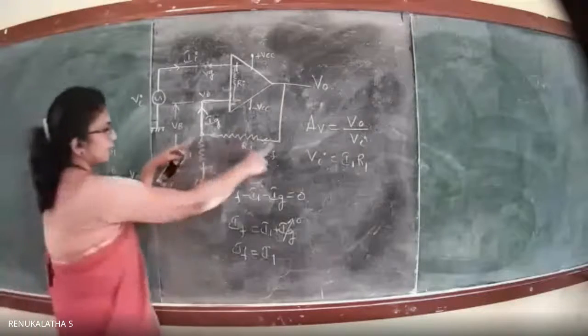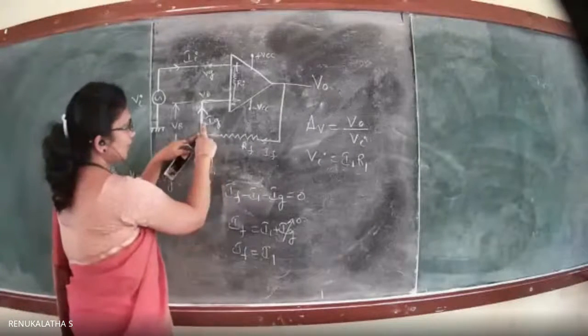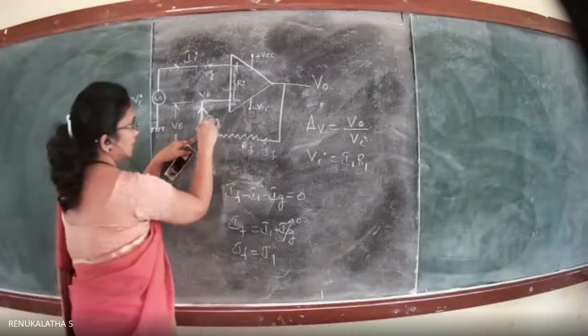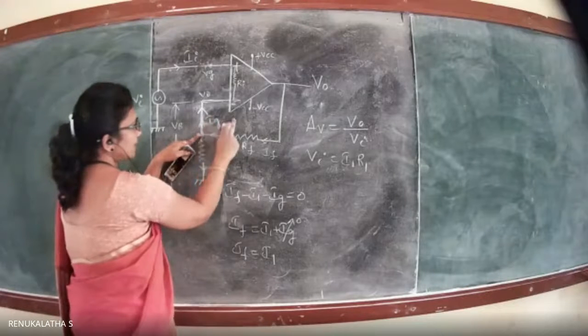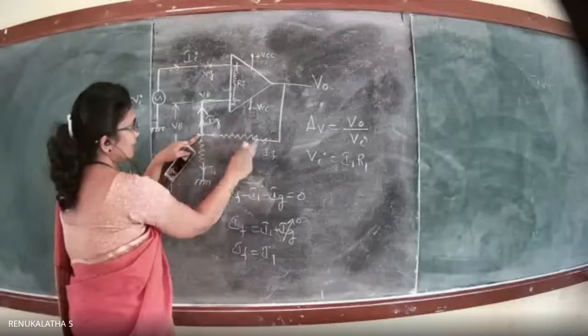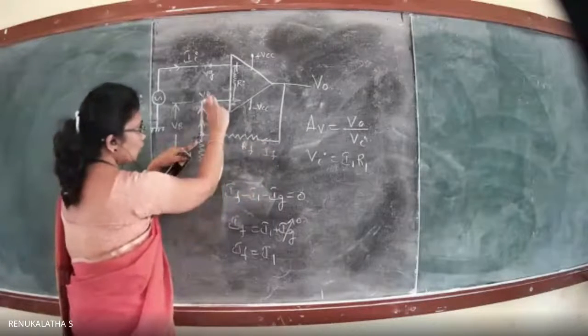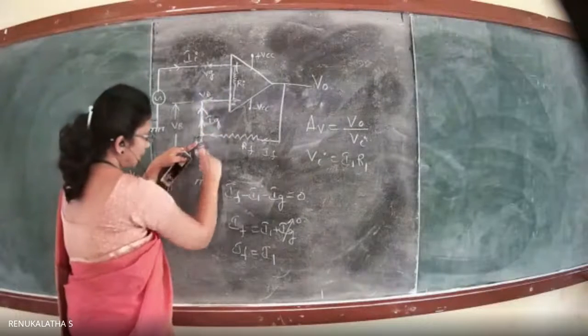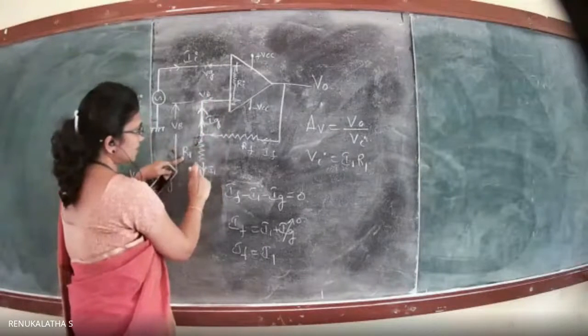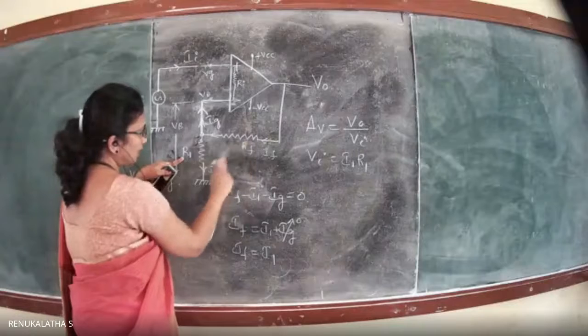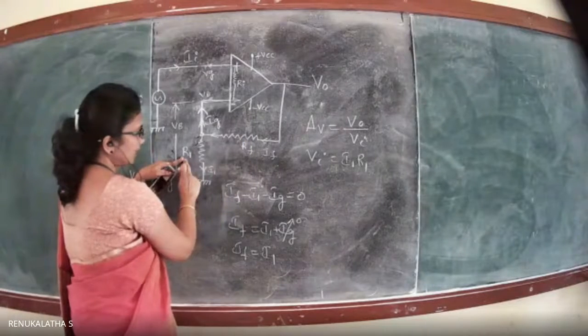So when no current flows through this, IG is absolutely 0. All the current that comes as IF doesn't go towards the input terminal. All the current will flow through the resistance R1. Then we can assume that RF and R1 are in series.